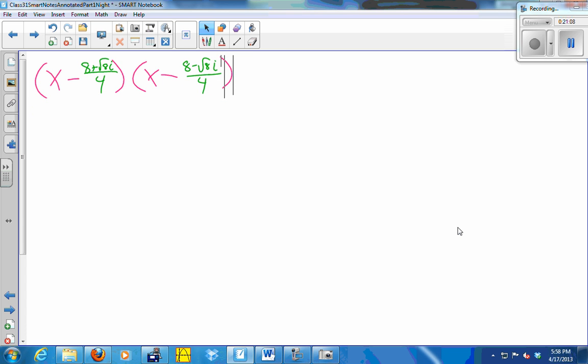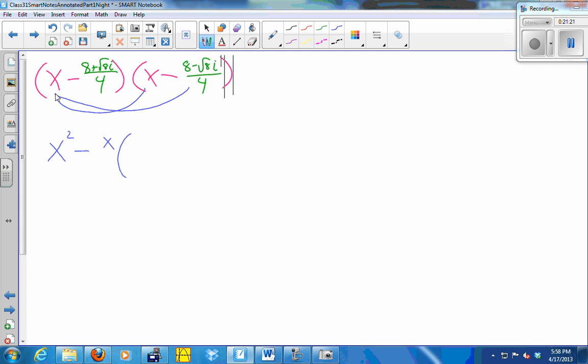Okay, so I'm going to FOIL. First, I get x squared. Outer, I get minus x times (8 minus root 8i) over 4. Inner, I get minus, sorry, minus x times (8 plus root 8i) over 4.